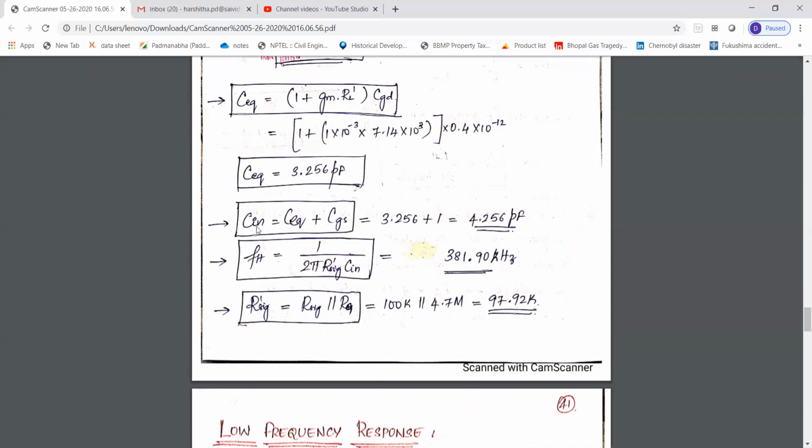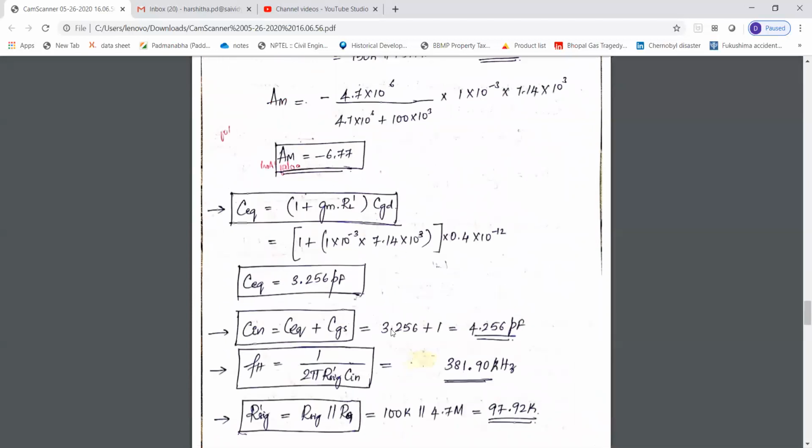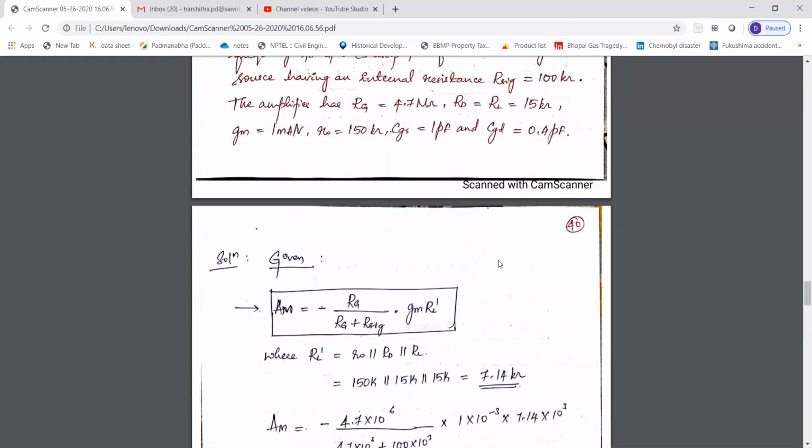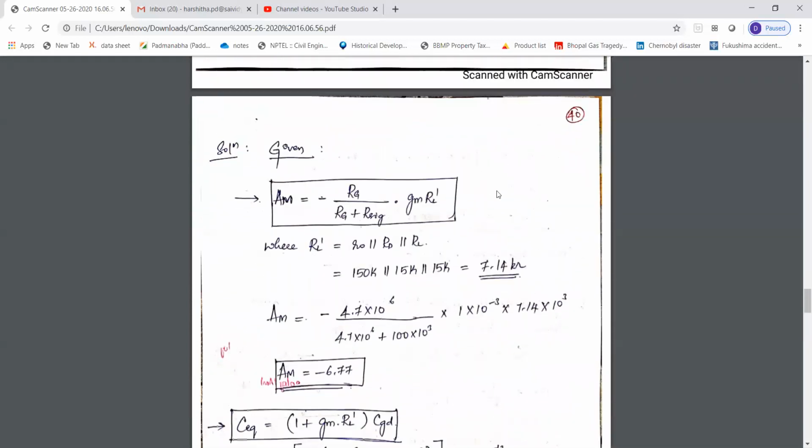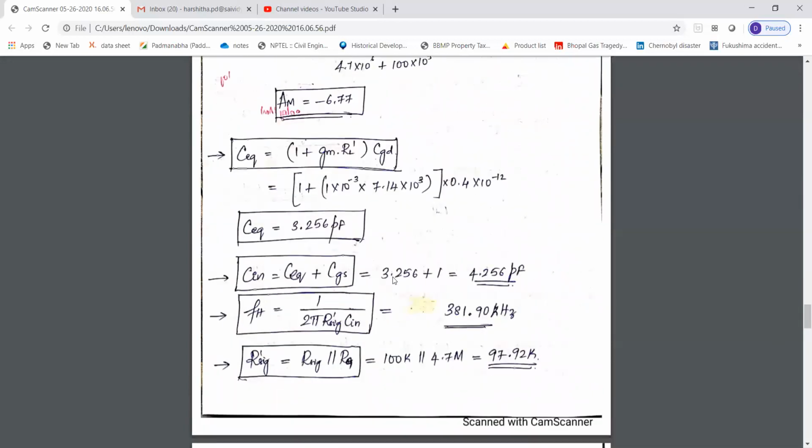C_GS is given in the data, in the problem itself. So we found out that it is equal to 4.256 picofarad.